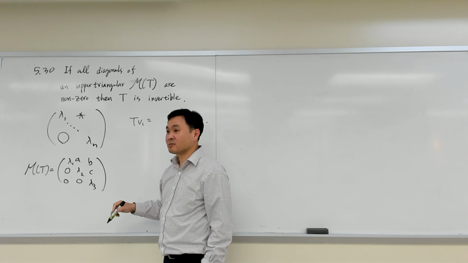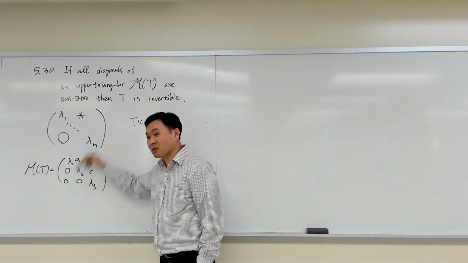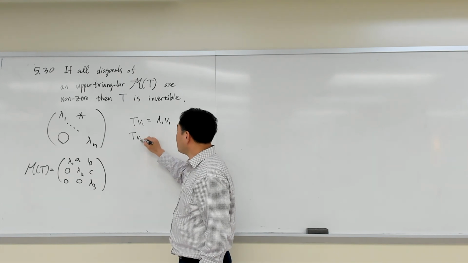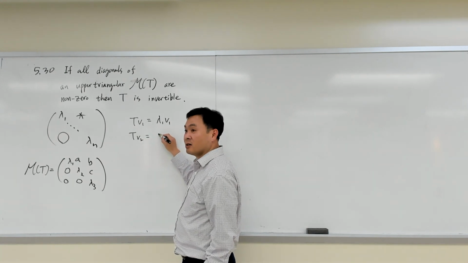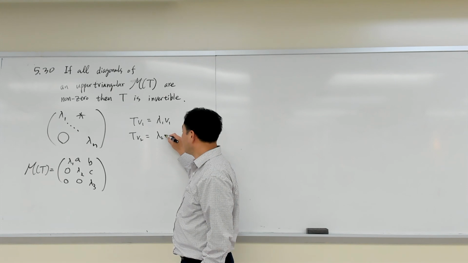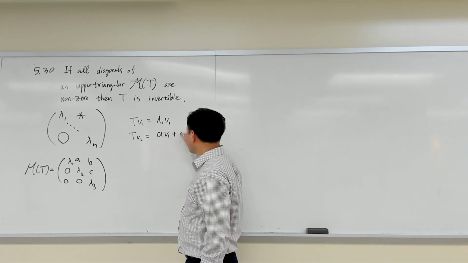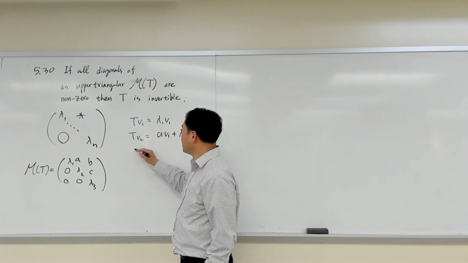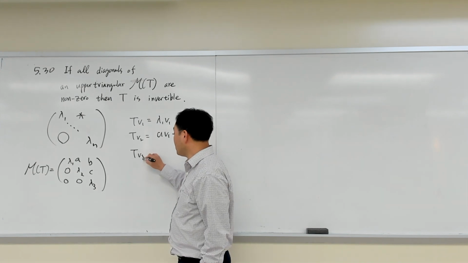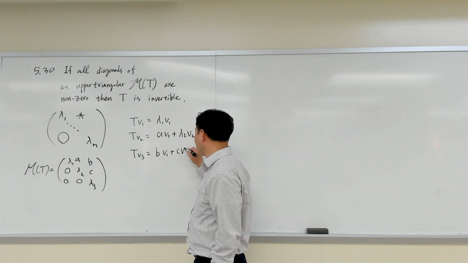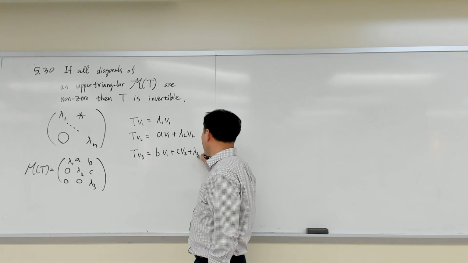You read by columns, right? So it'll be just lambda 1 v1. T of v2 would be a times v1 plus lambda 2 v2, right? And then T of v3 would be b v1 plus c v2 plus lambda 3 v3.